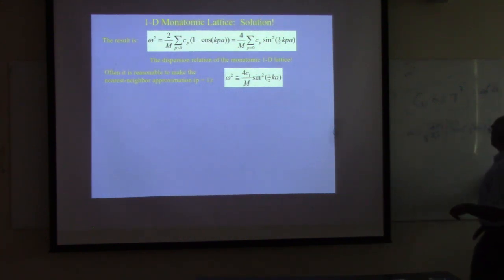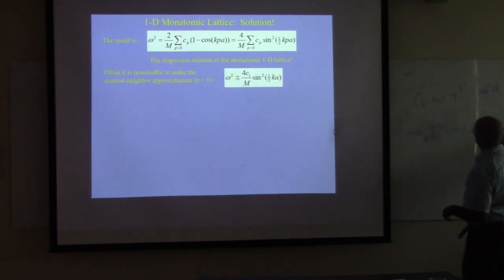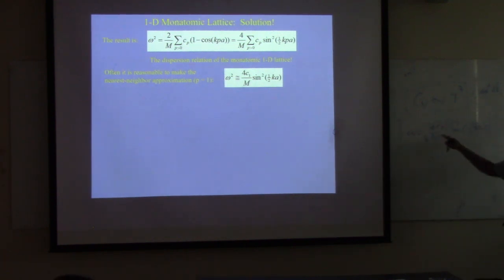This is only the positive value. So this is not like omega equals k Vg, right? This is a different dispersion. If you plot this one, actually what you are getting is something like this sine, right? But we are only plotting up to this.